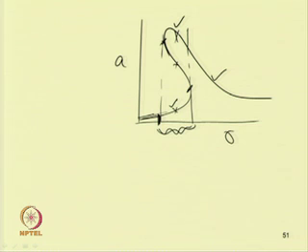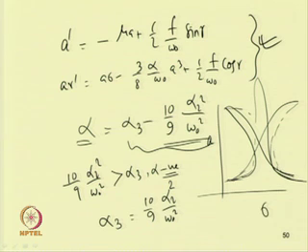Now, we have studied the effect of cubic and quadratic nonlinearity, that is, if alpha 3 is greater than 10 by 9 alpha 2 square by omega 0 square, the system will show hardening type of effect.